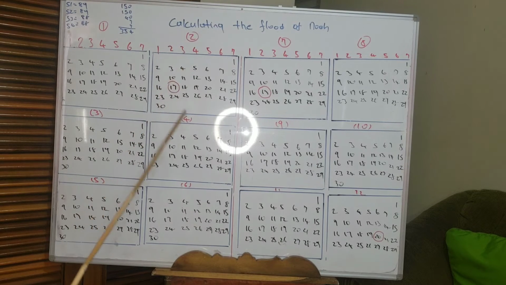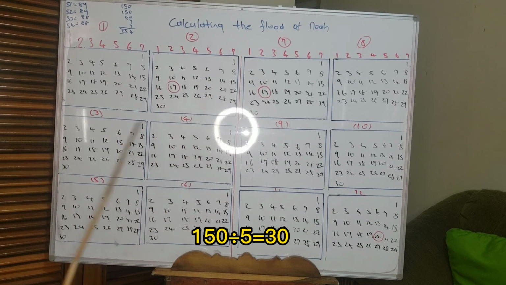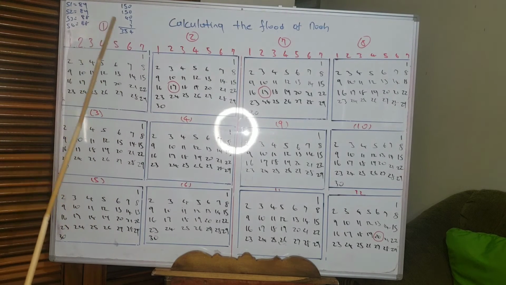Now this is the next thing. Also for people who use solar lunar, or should I say the Enochian calendar, the scripture said 150 days. It did not say 5 months. So no, you cannot take 150 and divide it by 5 to say all the months carry 30 days. That is not biblical, right?